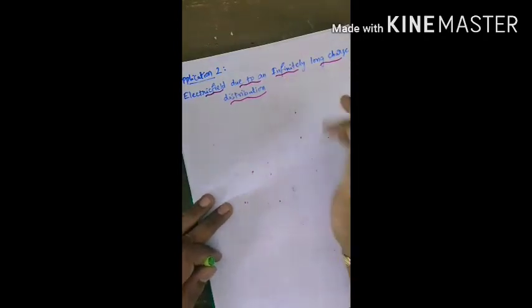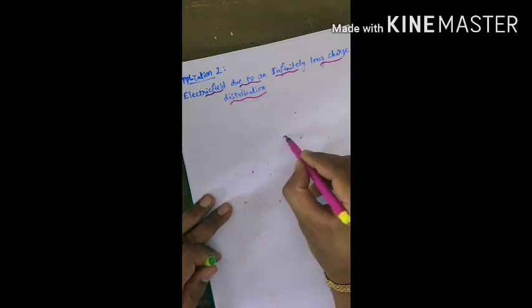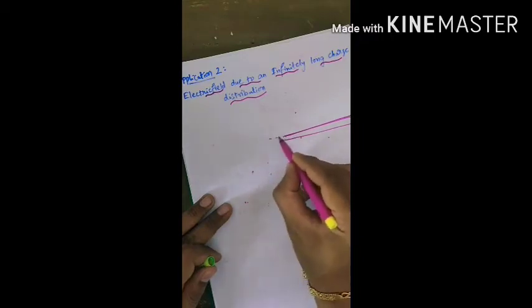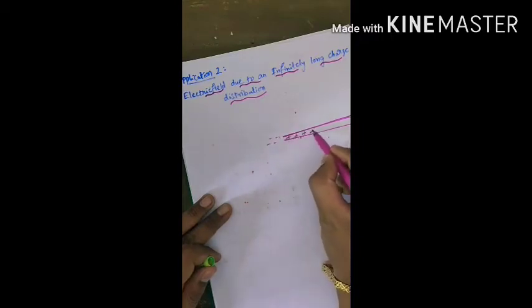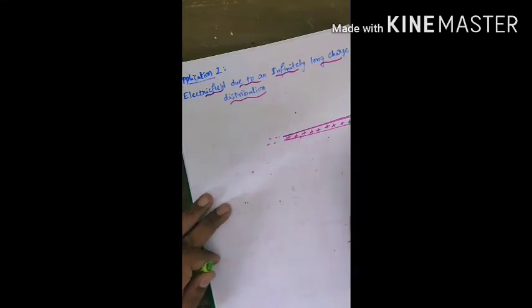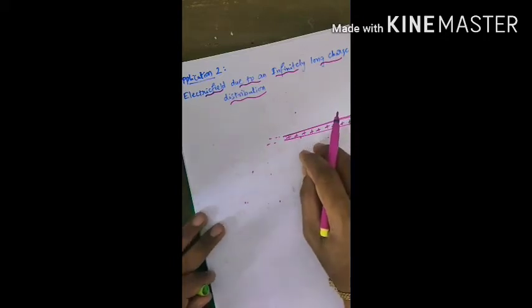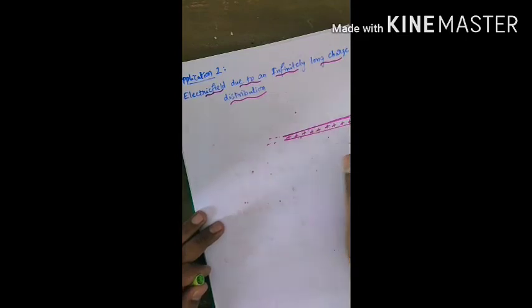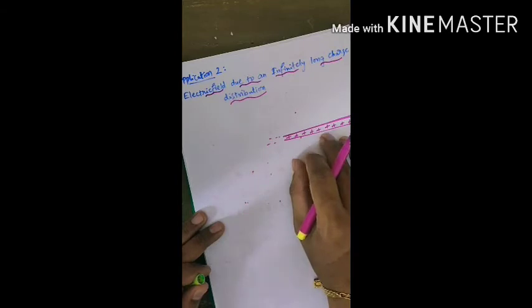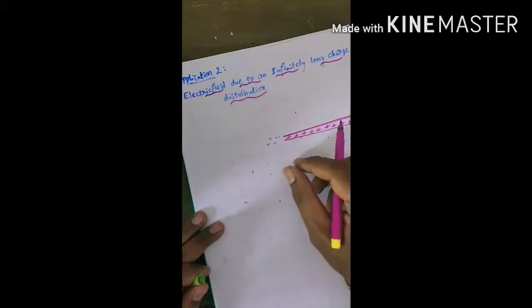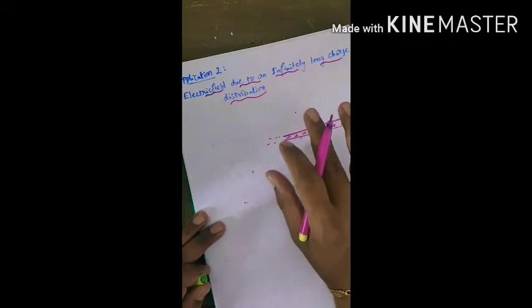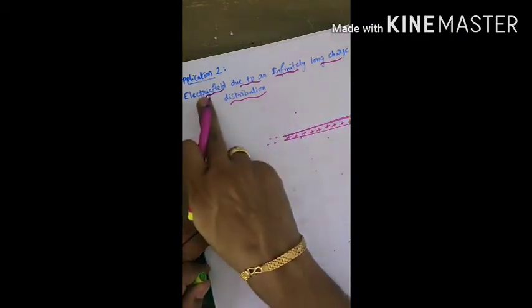Suppose this is the infinitely long charge. As the charge distribution is linear, we consider this a long charge cable, and here also we have to determine the electric field.